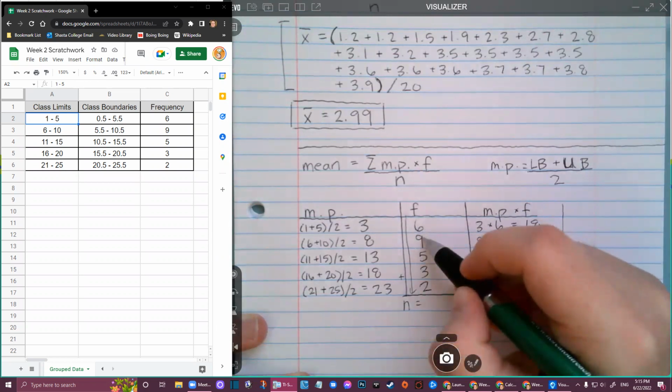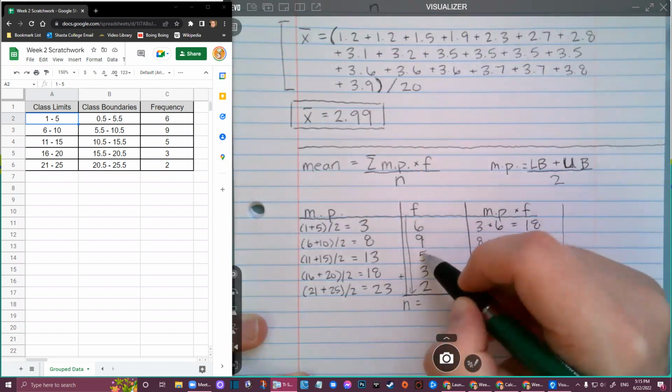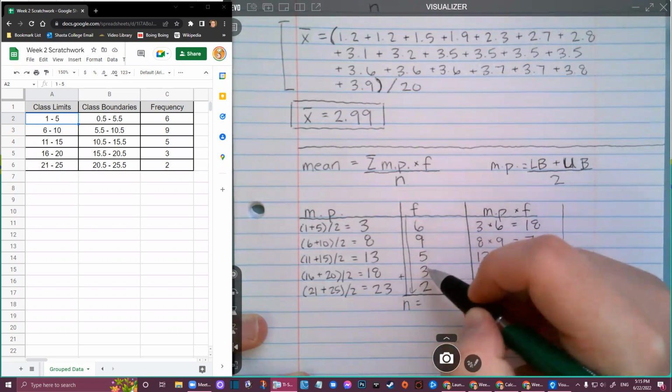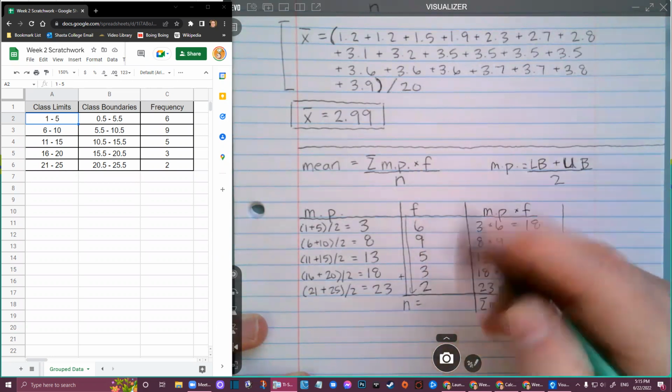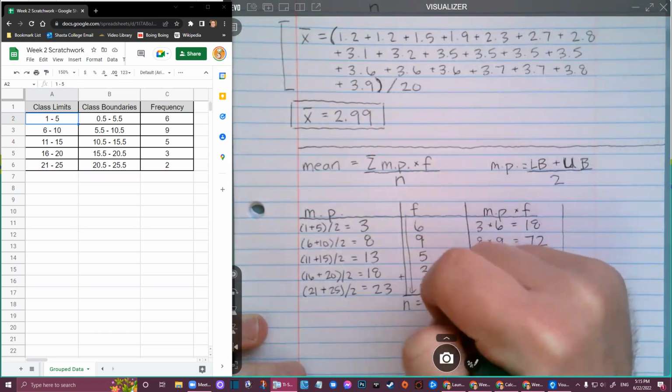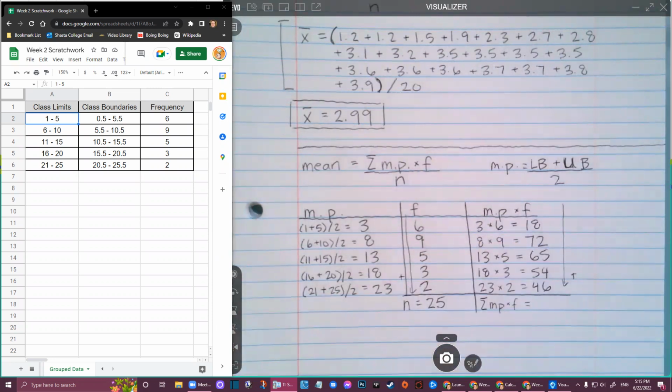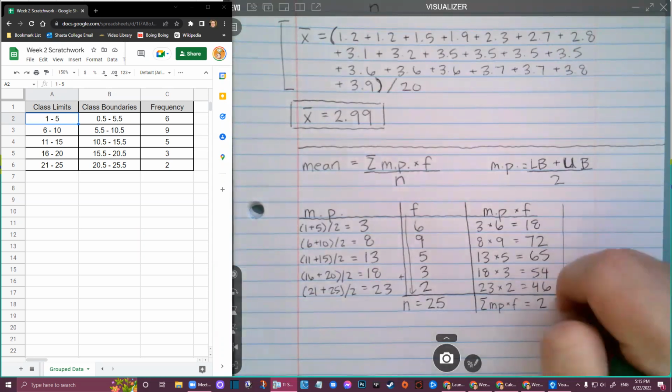So 6 plus 9 is 15, plus 5 is 20, 23, 25. And then in the next column, we're going to add those values together. So 18 plus 72 plus 65 plus 54 plus 46 is 255.